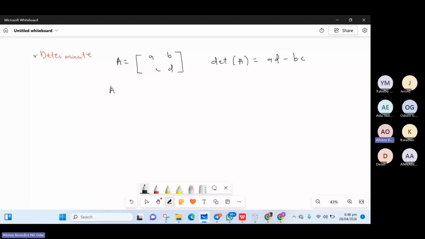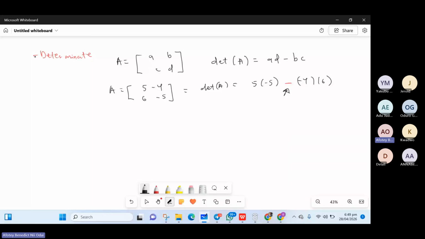So if you have A being equal to 5, negative 4, let's say 6, negative 5, the determinant of A is basically equal to 5 times negative 5 minus negative 4 times 6. The reason why I brought this question specifically is because of this sign. A lot of people solve determinants, and the questions are tricky.